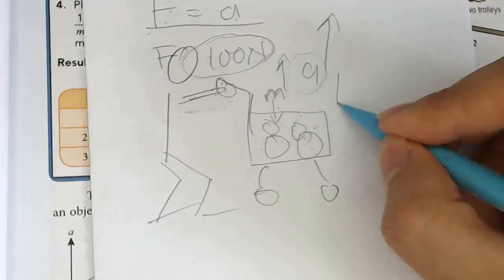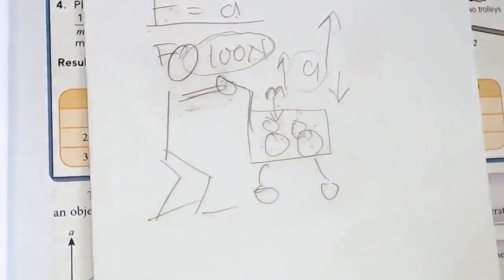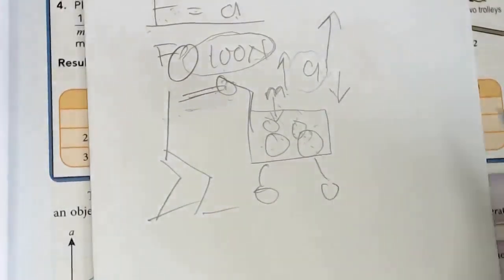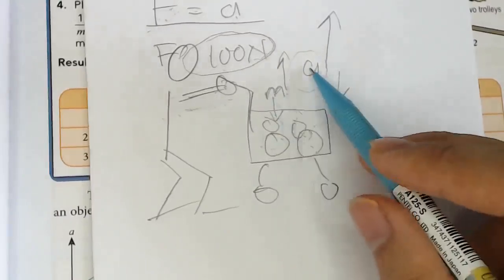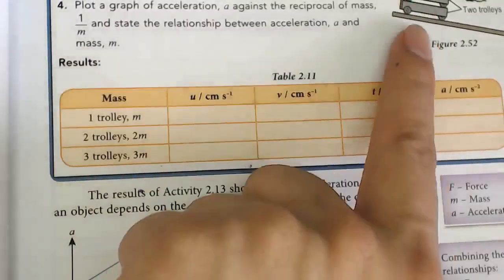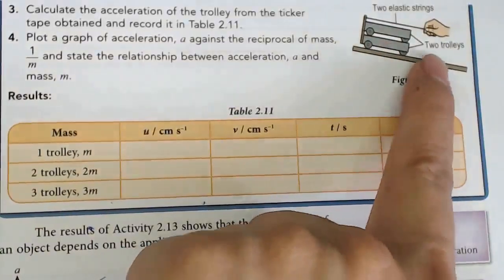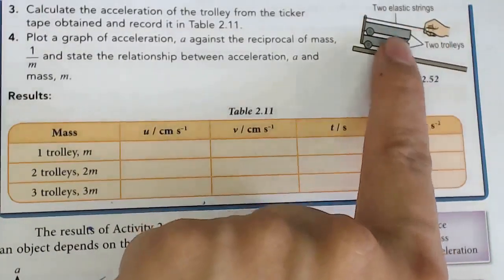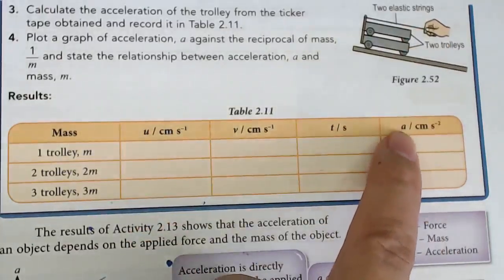It will decrease as M increases. So the idea is, what is the relationship between M and A? How do we make a relationship between M and A? This is what will happen. If there are more trolleys, means more mass, the trolley will move slower, with lower acceleration.